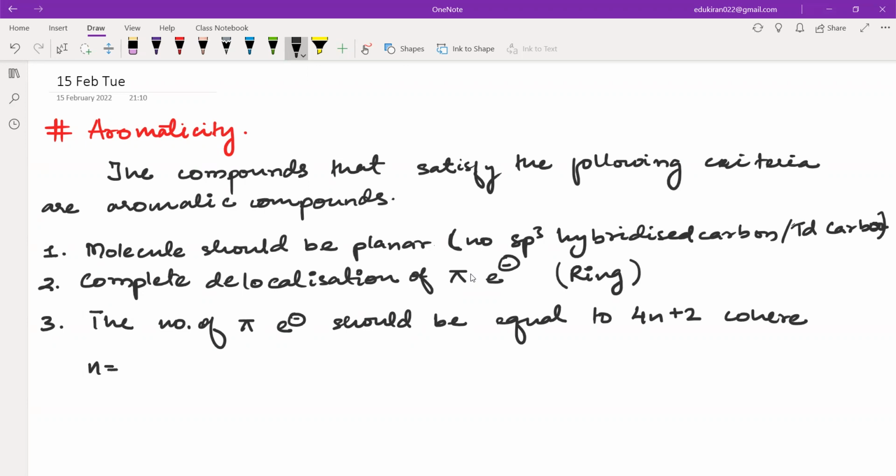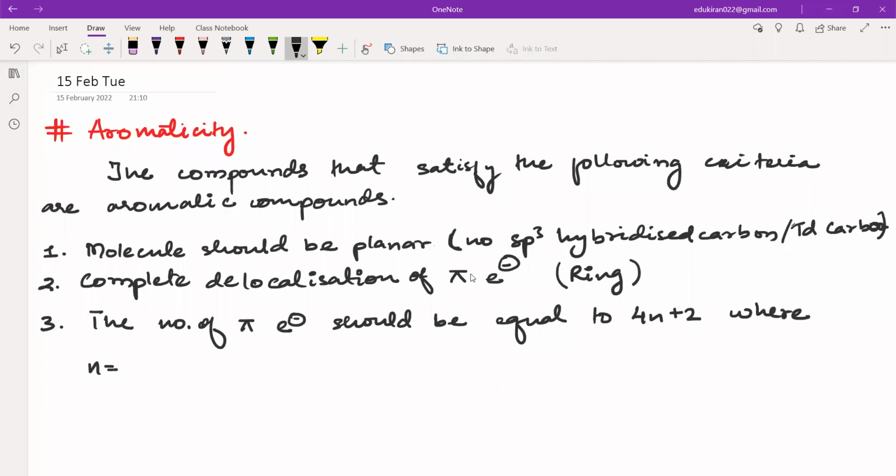Right now I suggest that you write these three things as notes for today, for aromaticity, because we'll be using these criteria to detect what is aromatic and what is not aromatic.